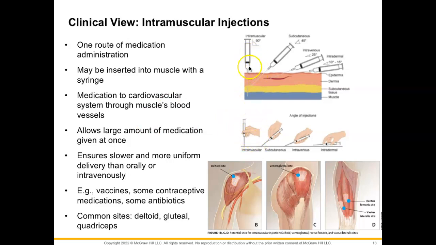I don't know why both of these are blurry, but you want to go straight in at a 90-degree angle. You're going to pull back the syringe to make sure that you are not within an artery or a vein and make sure there's no blood. And then if you see that there's no blood, then you can continue with that injection. And then once you have injected all of the medication or vaccine, then you're going to pull back your syringe and of course discard it within a sharps container.